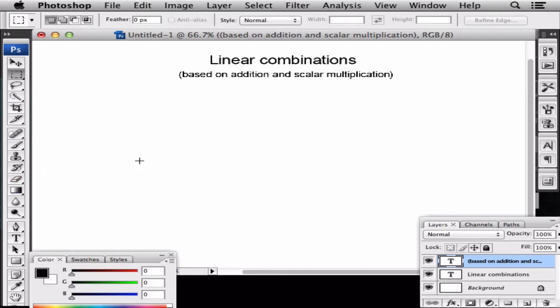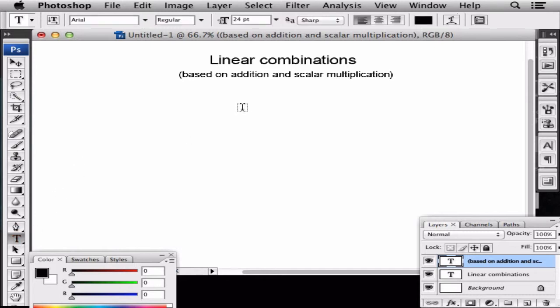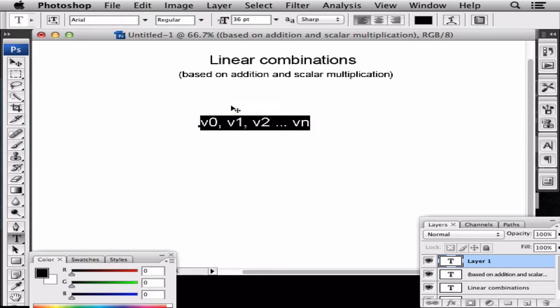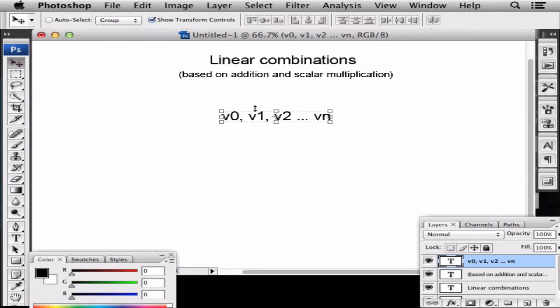So we say we have a set of vectors, a bunch of vectors. We call that S. We call them V0, V1, V2, etc., Vn, like this. Based on those and a bunch of numbers, we can then make a linear combination.